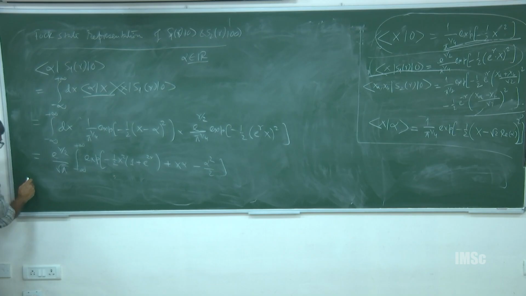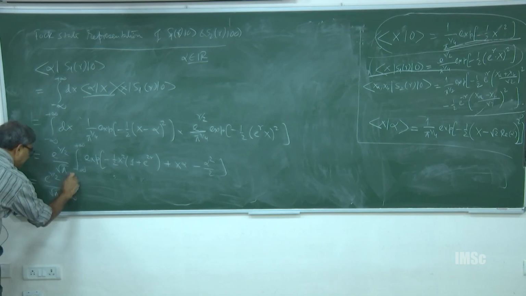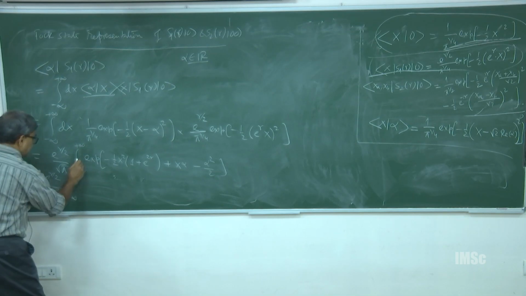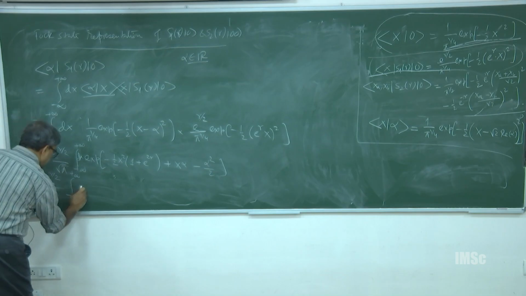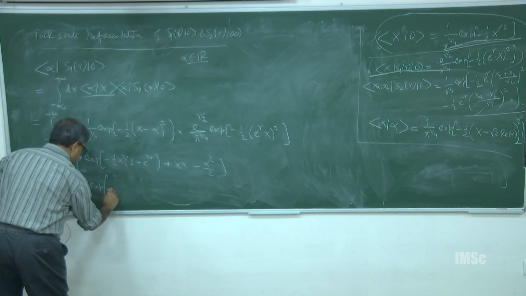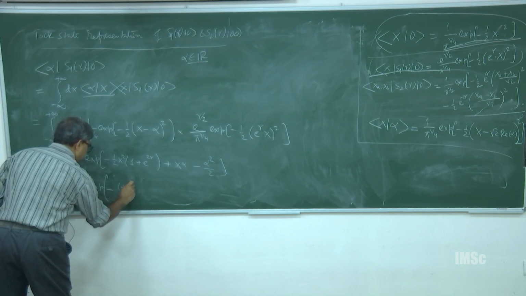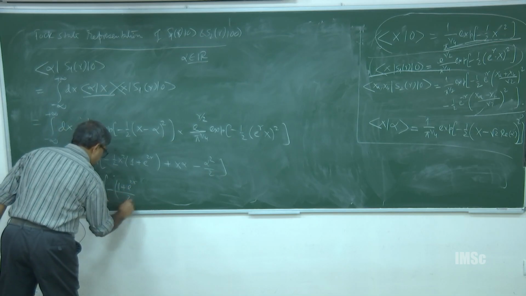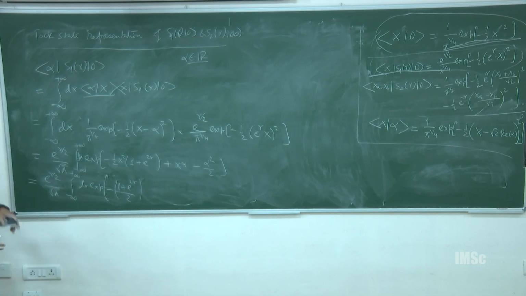Okay. So therefore, I can take it to be e to the power r by 2 over square root of pi, integral from minus infinity to plus infinity, dx is there. So this is dx, then exponential of, see this continuous variable information theory requires this kind of integration and all that, you cannot avoid them.